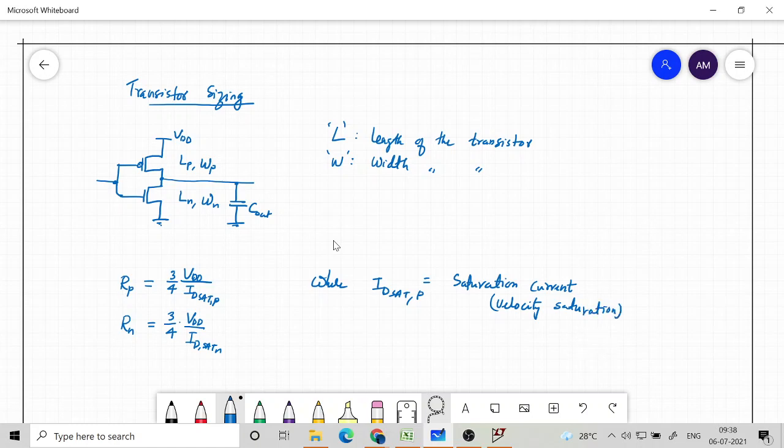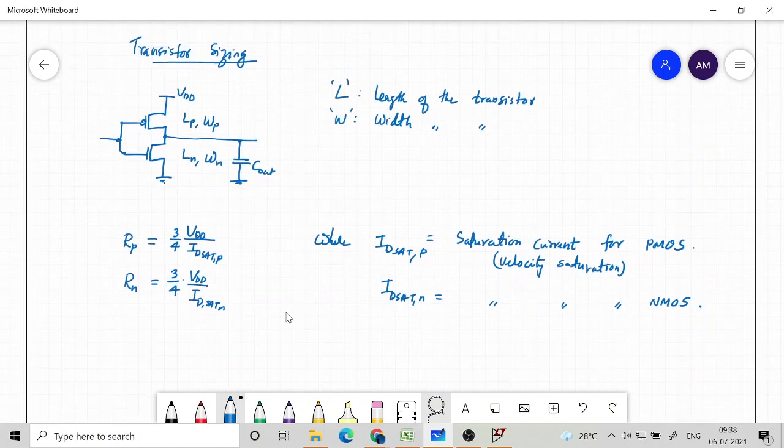Due to velocity saturation, there is a voltage beyond which it will get velocity saturated. The current corresponding to that saturation is what we refer to as ID SAT P. So this is for PMOS. Similarly, ID SAT N is the saturation current for NMOS. So this is one way we can derive the expression for a short channel device.